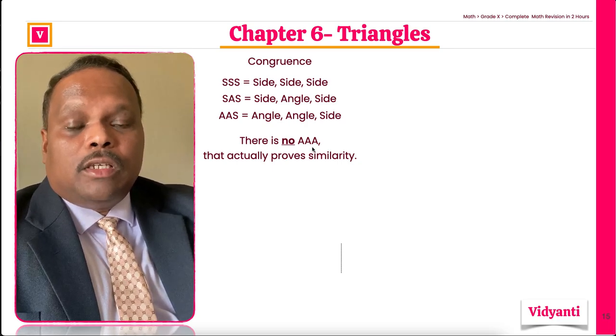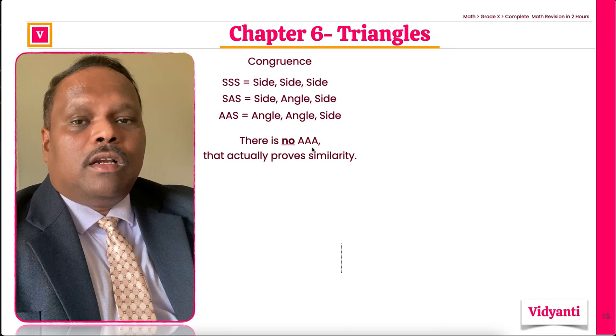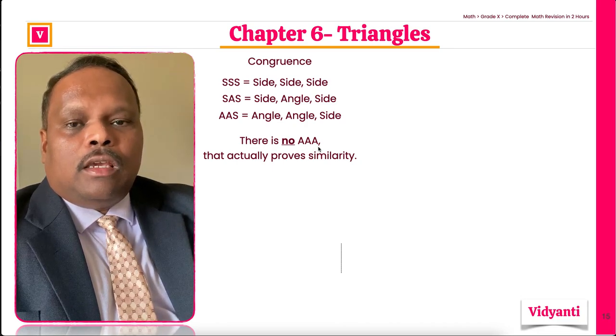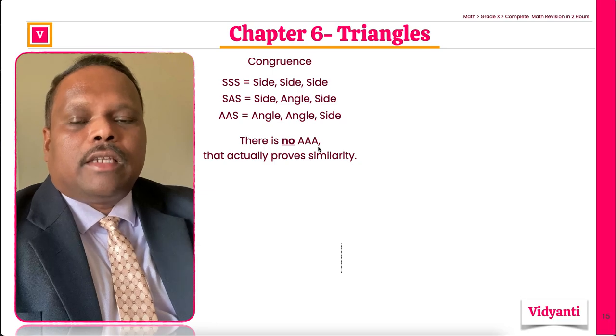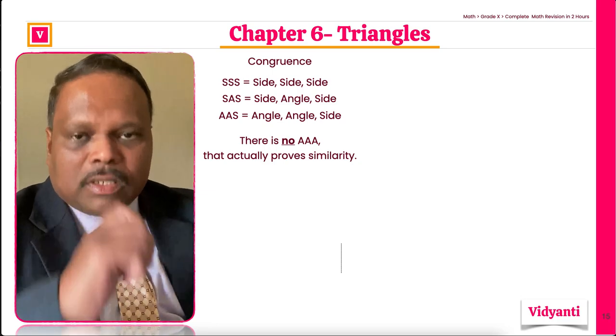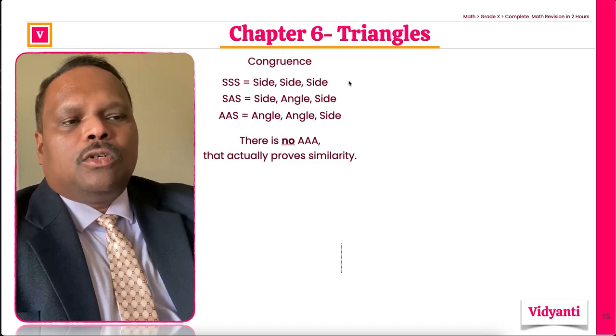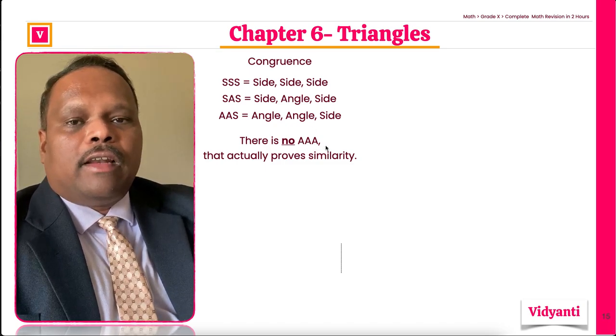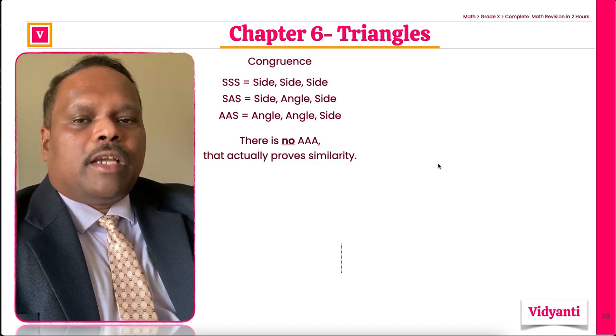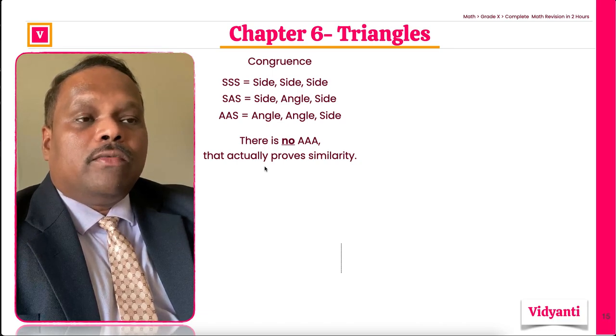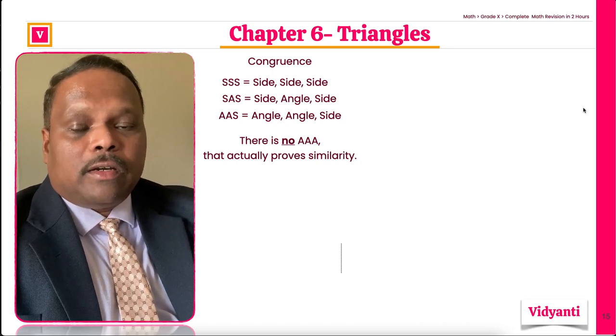However, the thing to be very clear about is that there is no AAA. Here A stands for angle, S stands for side. So there is no triple A here. There is no such thing called angle, angle, angle. If three angles are matching with three angles, there is no guarantee that the two things are equal. In fact, that will go into similarity which we are studying in 10th grade.